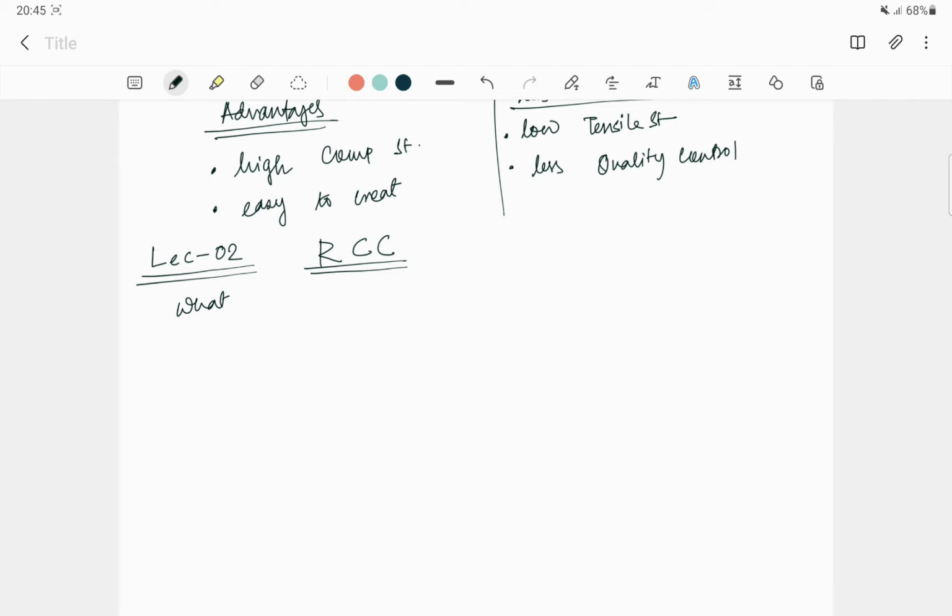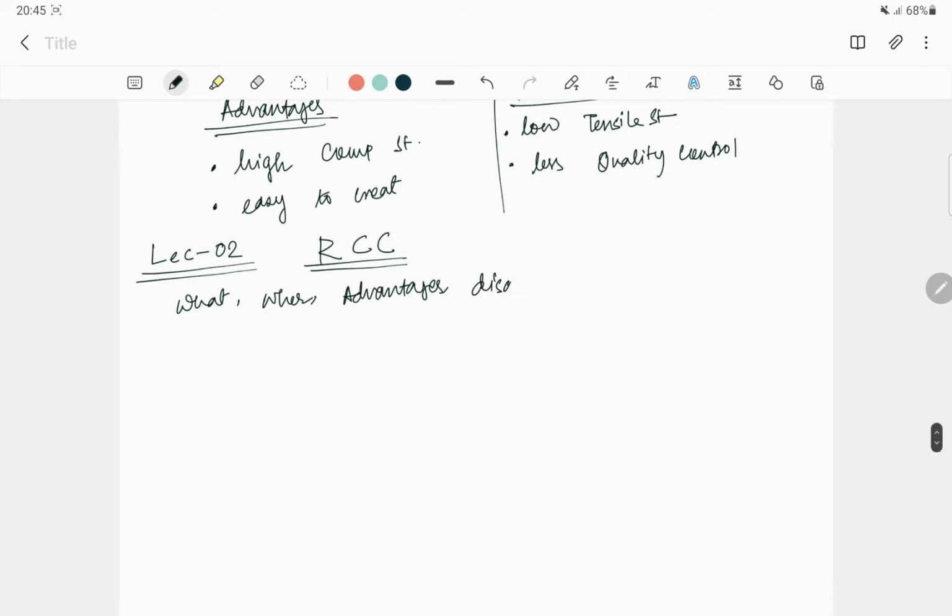Then we'll talk about where it is used. Then some advantages, as well as some disadvantages. So without further delay, let's get started.